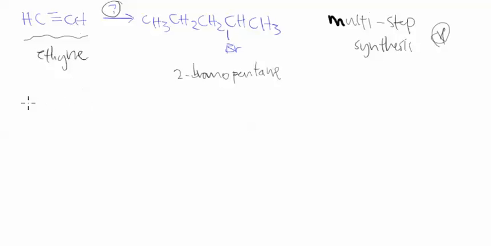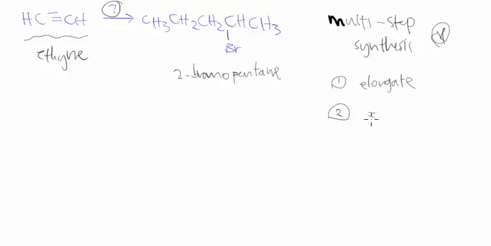First and foremost, let's do a plan of action here, and I'm going to come over to the side and think about what we have to do. The very first thing that I notice is that the carbon chain is elongated. This is a 2-carbon chain, and here we've got a 5-carbon chain. So number 1, I know that I have to elongate. Number 2, not only do I have to elongate the chain, but I will still have a triple bond in place when I elongate.